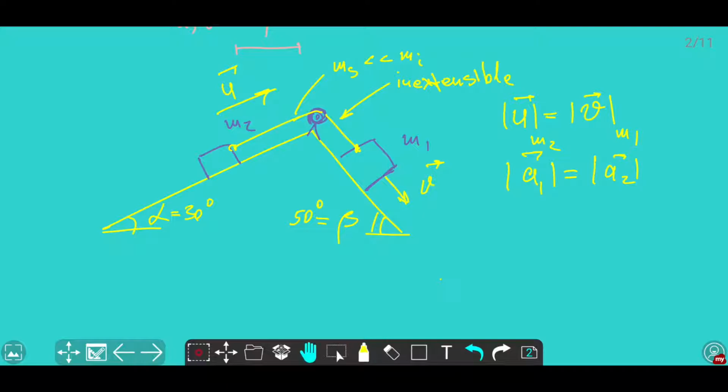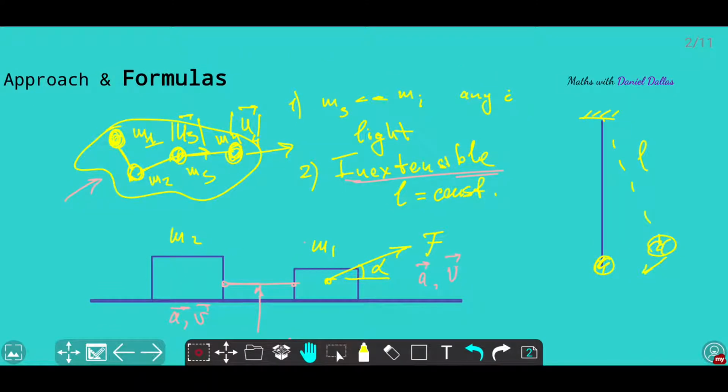For example, there shouldn't be any circular motion, because the curvature will provide different acceleration components, tangential and centripetal. That's more about physics. But if each particle of the system is moving in a straight line, you can still consider this the connected particles model.